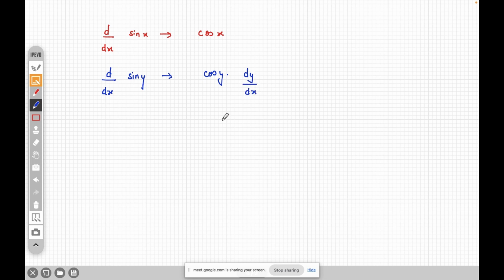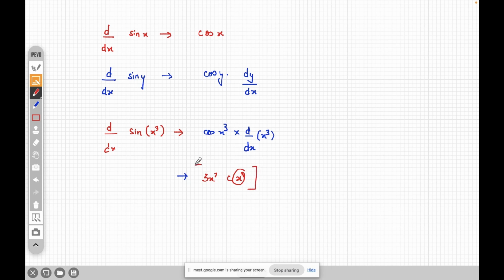So what is d by dx of sin x cube? Your answer will be, sir, cos x cube into d by dx of x cube, which is further derivable, which is 3x square into cos x cube. Yes or no?